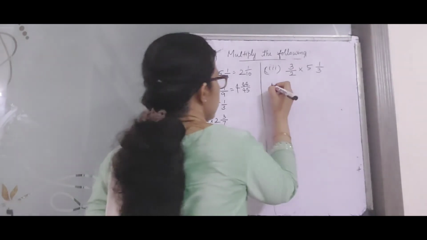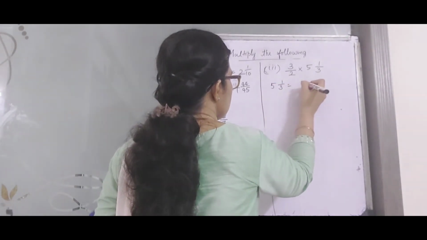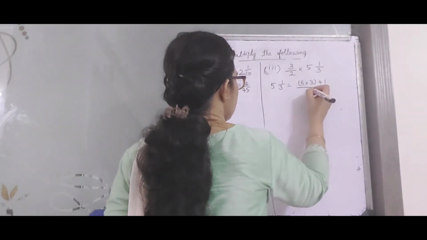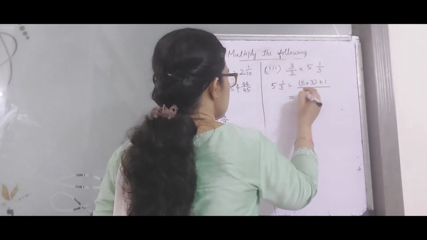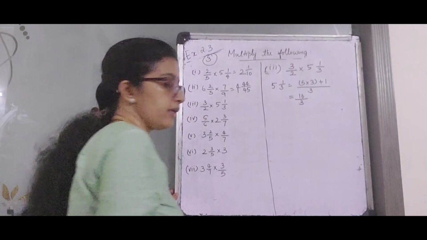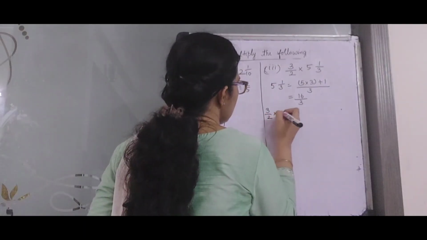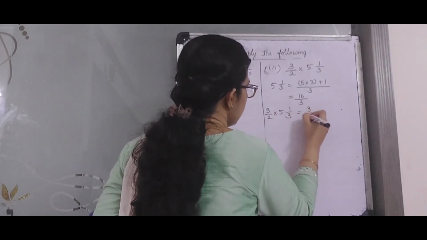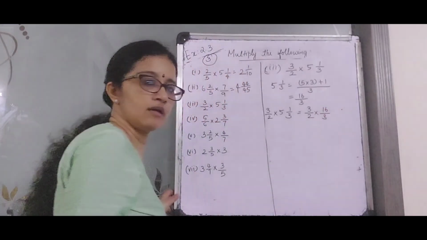So this 5 1 by 3 can be written as 5 into 3 plus 1 divided by 3, which is equivalent to 5 3s are 15, 15 plus 1 16, 16 by 3. Okay. So what is this question? 3 by 2 into 5 1 by 3, which can be written as 3 by 2 into 16 by 3.